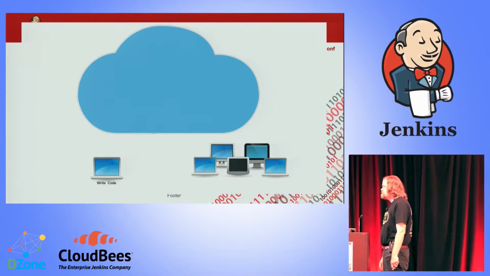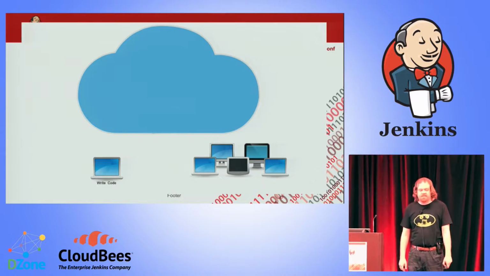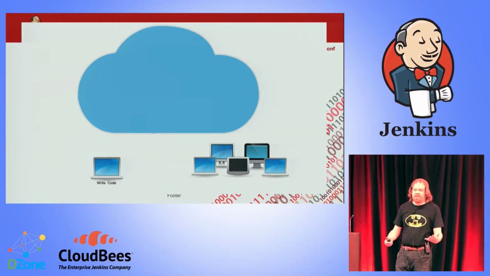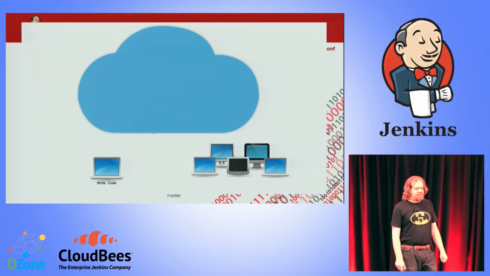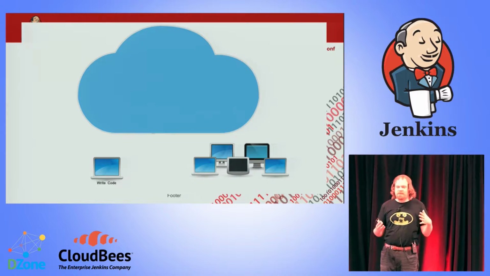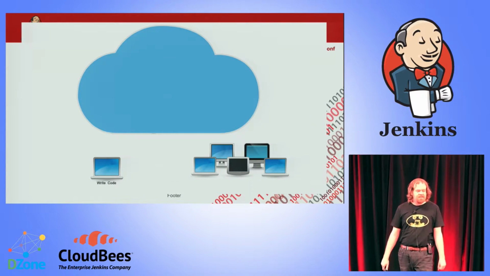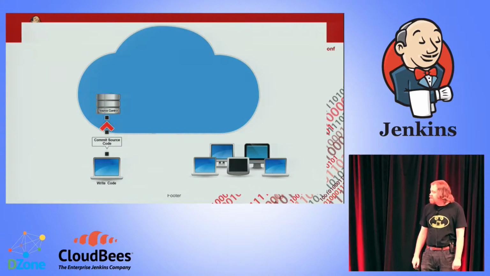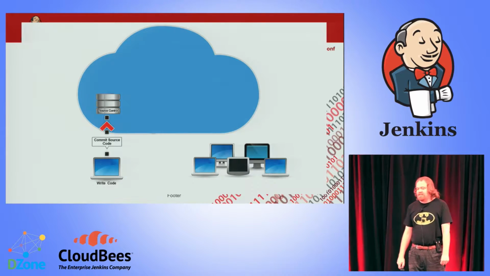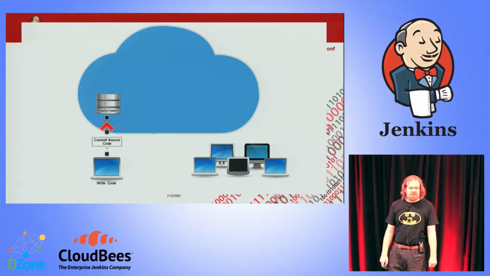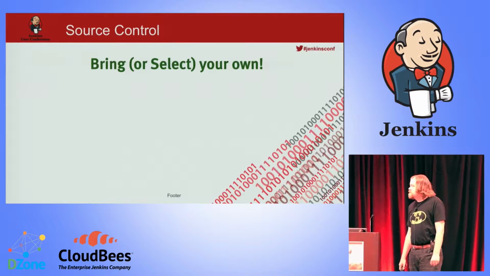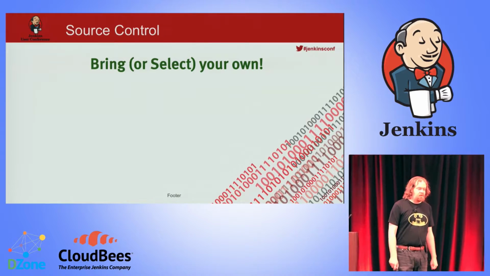Well, the first step, of course, is you're going to write code. And even if you don't write code personally, I'm confident that your company has awesome code writers that are doing awesome things. And the first thing they should be doing is committing it to source. So where are you going to get source control?